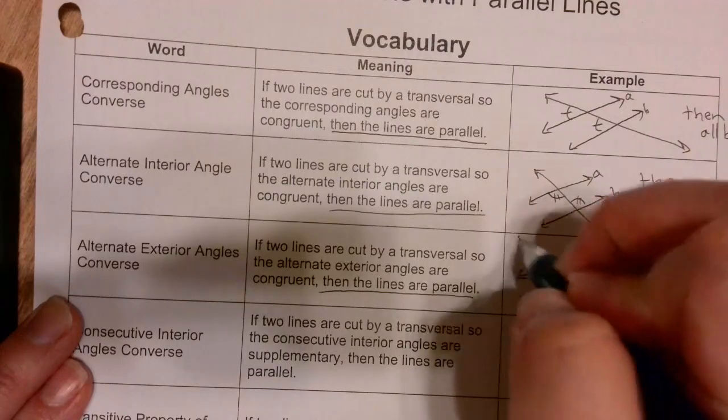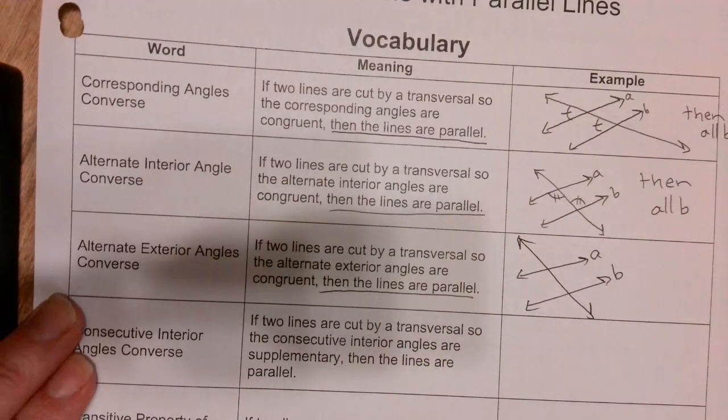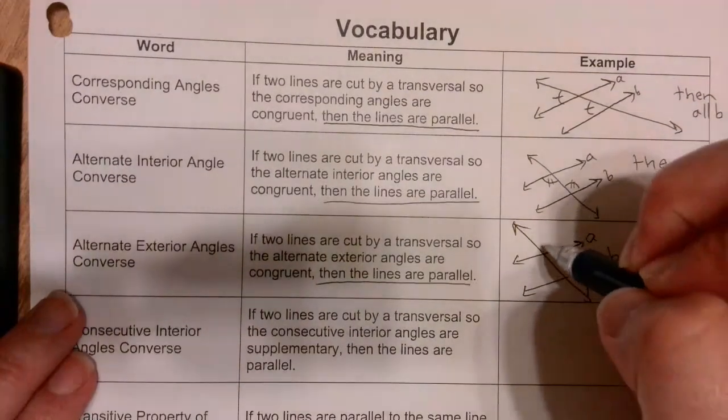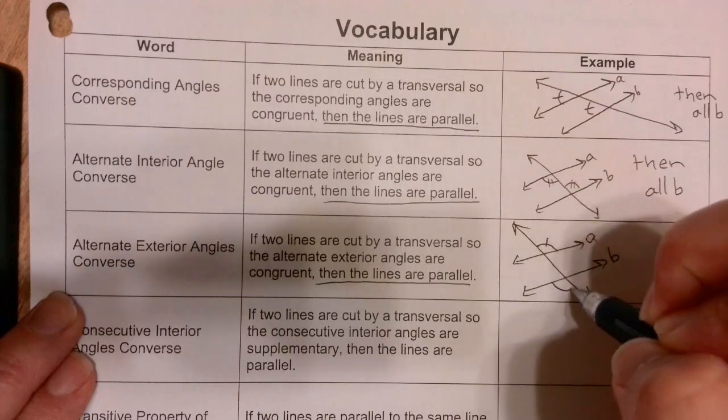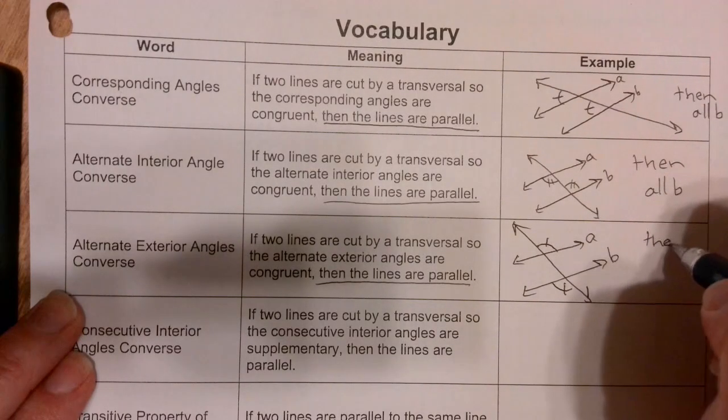If you have two lines and a transversal, I'm going to call those lines A and B, and the alternate exterior angles are congruent, maybe those two right there, then A is parallel to B.